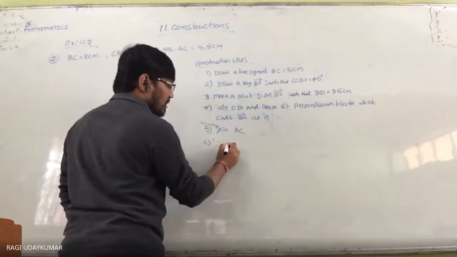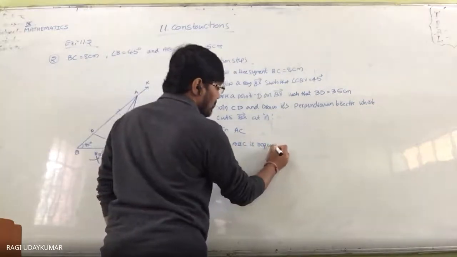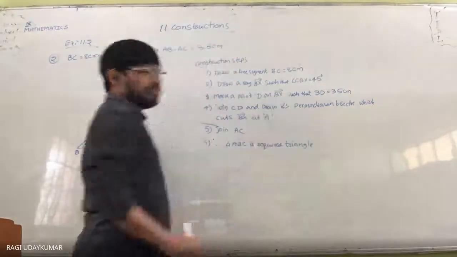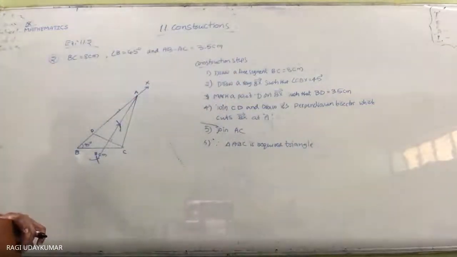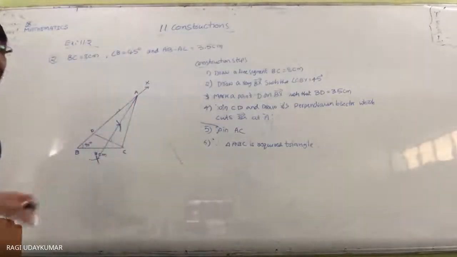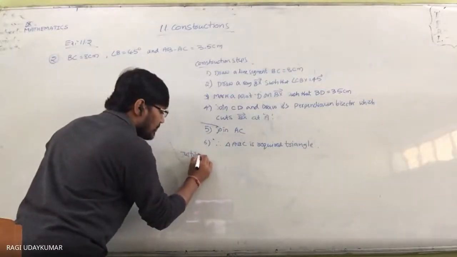Therefore, triangle ABC is the required triangle. These are the construction steps. And coming to the justification, how do you justify that this is satisfying here? So the justification you can write here.